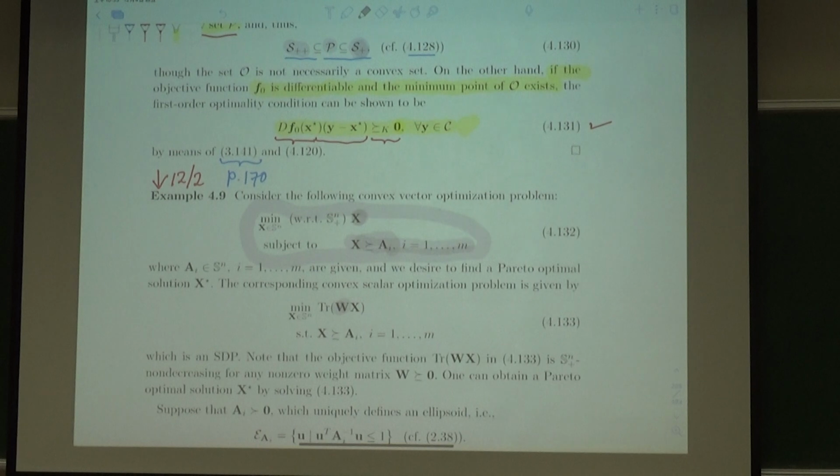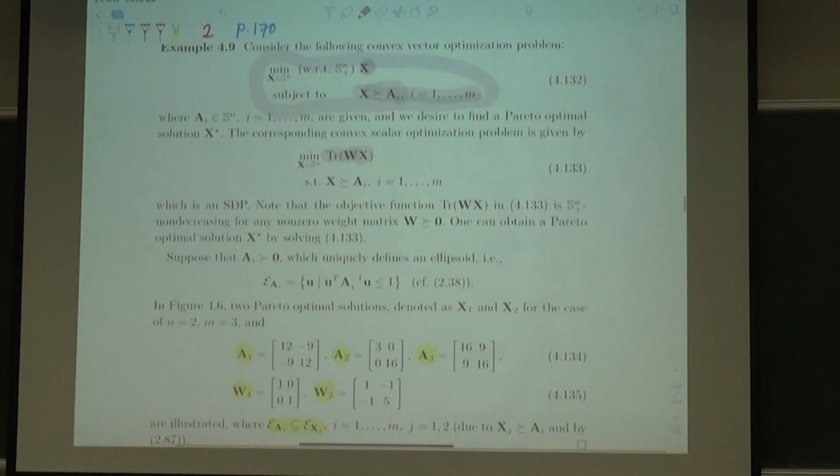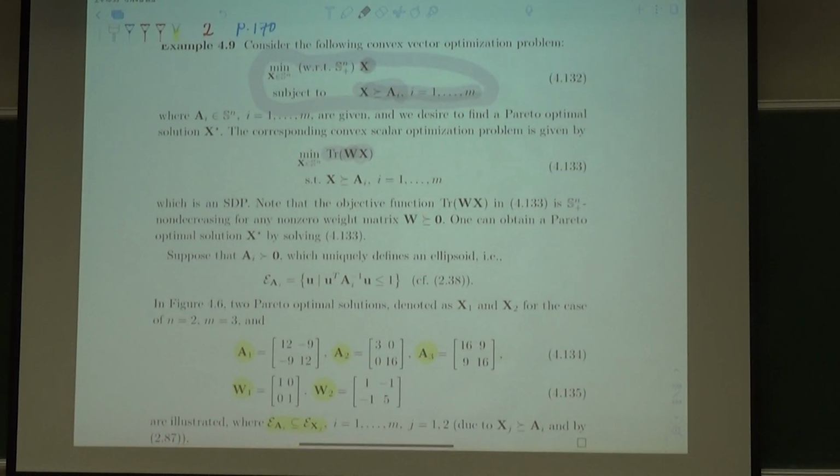Then this is the inner product, right? The inner product here is the matrix inner product, the trace. So given a W, we can find the minimal points.